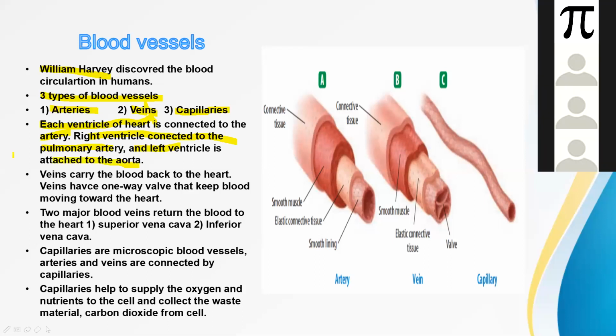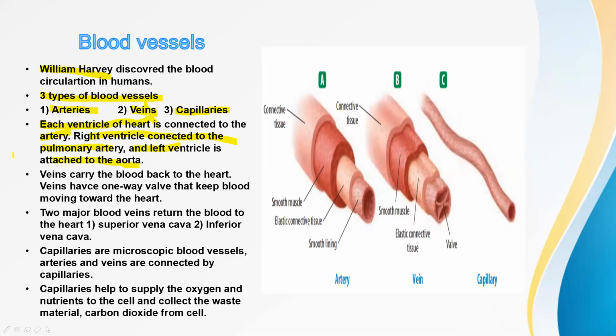Well, let's go to the second one, veins. The second type of blood vessels are veins. These veins carry the blood back to the heart, because veins always carry deoxygenated, oxygen-poor blood. Veins have a special character.